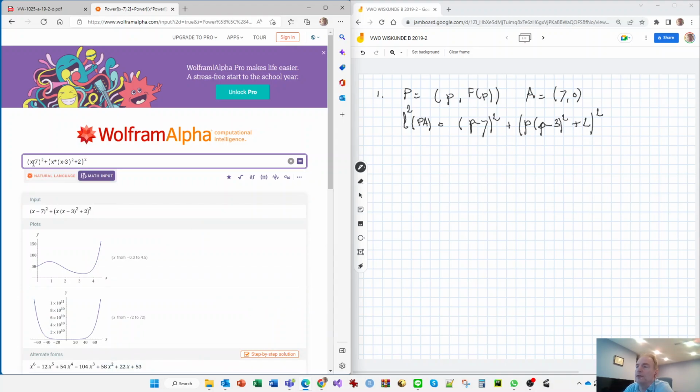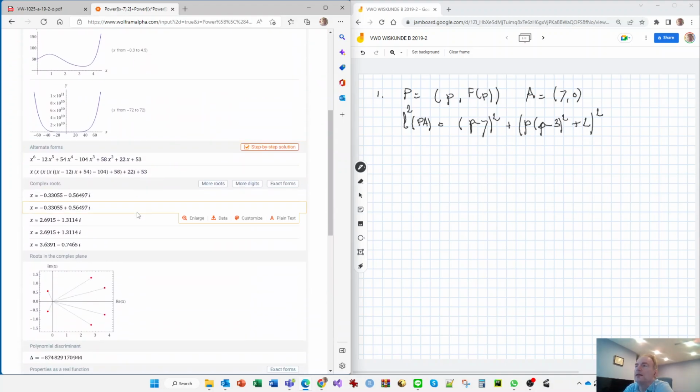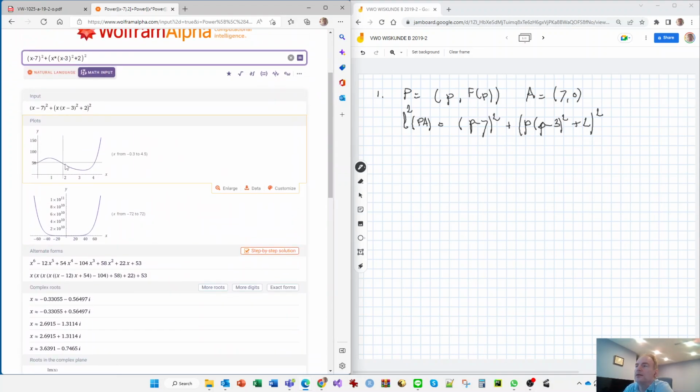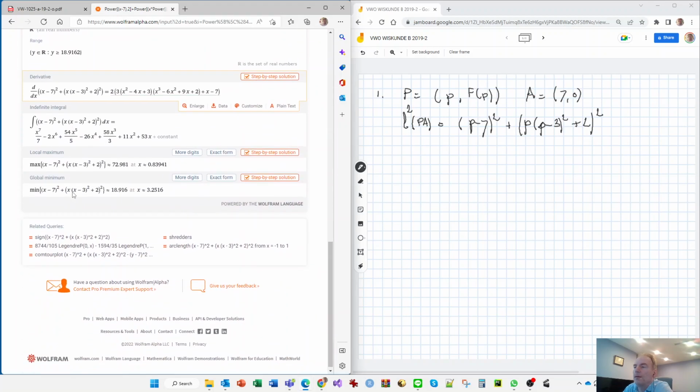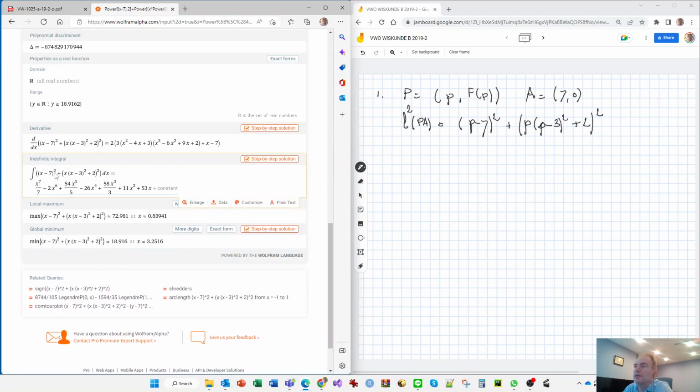I just have one variable x, and here you see the form. So yes, it actually has a minimum at 3 point something. So this is the global minimum at x equals 3.25.